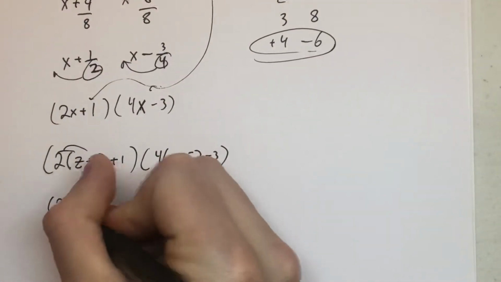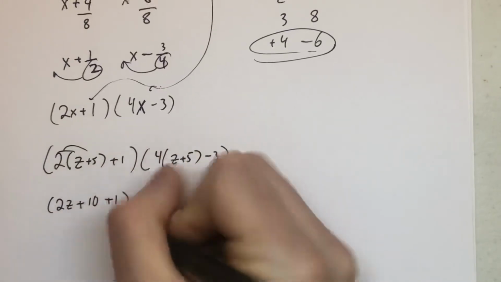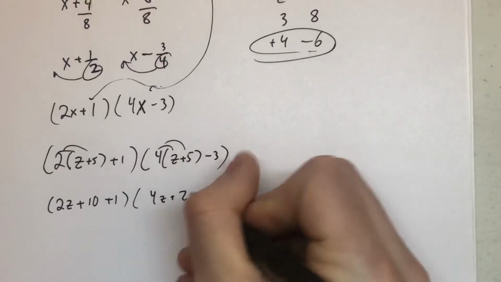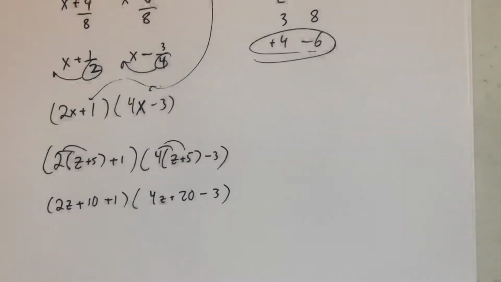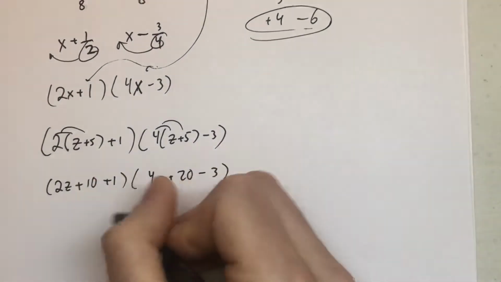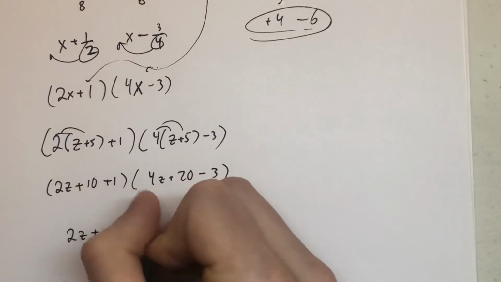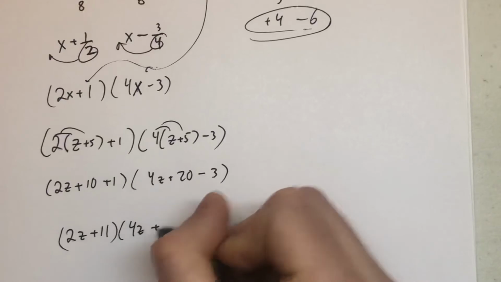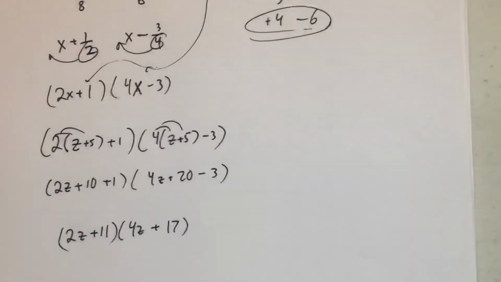Distribute to get 2z plus 10, and that plus 1 is still there. Distribute here to get 4z plus 20, and that minus 3 is still there. Combine the like terms of 2z plus 11, and here you'll have 4z, and that'll give you a plus 17.